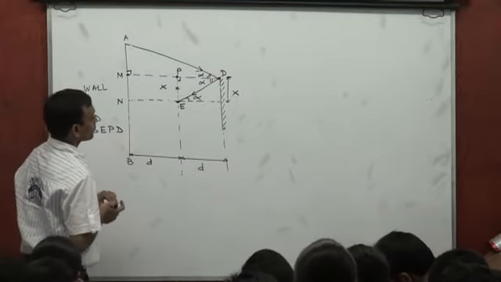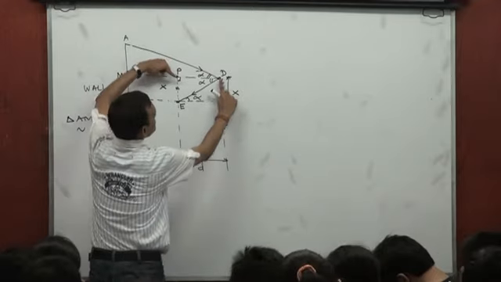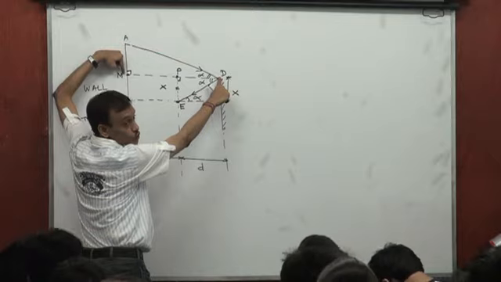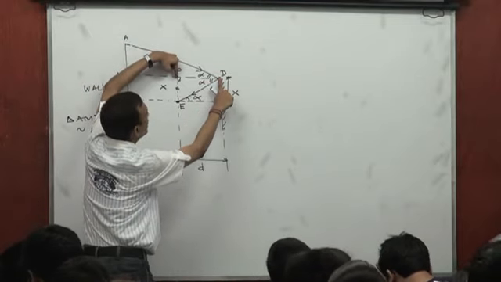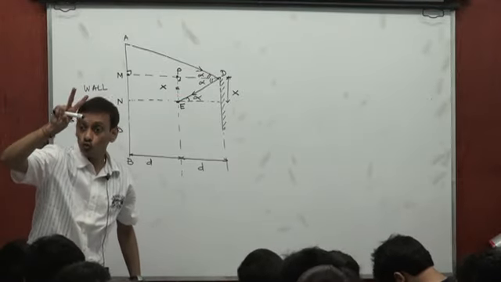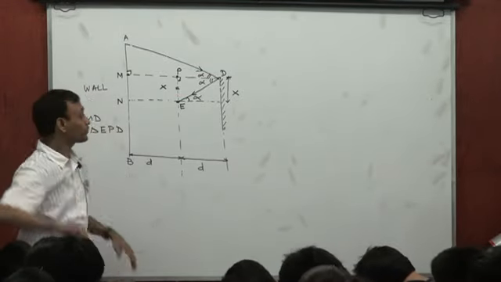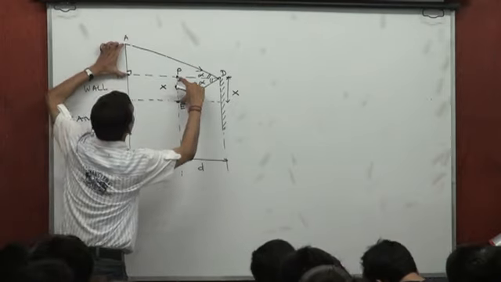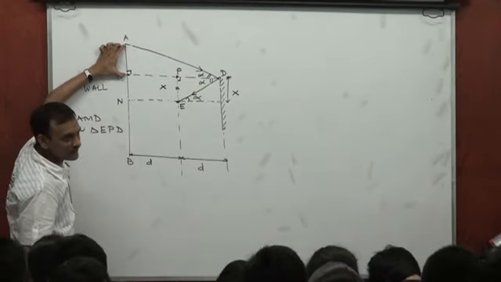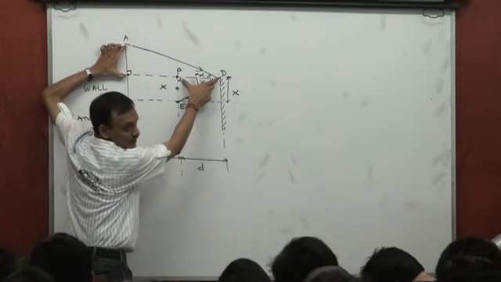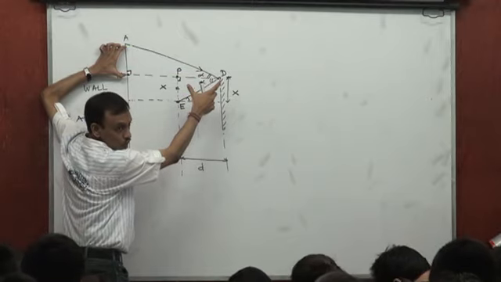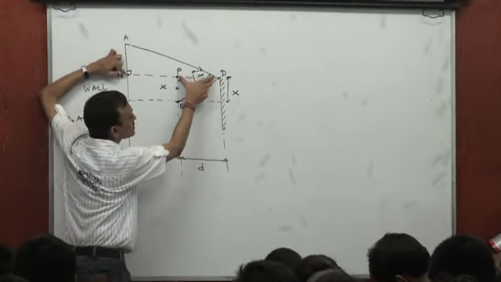And this distance is small d, whereas this distance was 2d. That means the ratio of their sides is 2. These triangles are similar and the ratio of their sides is 2, because this is 2d and this is d.